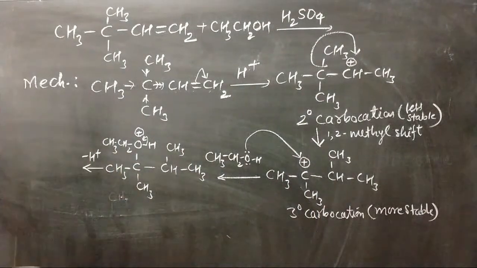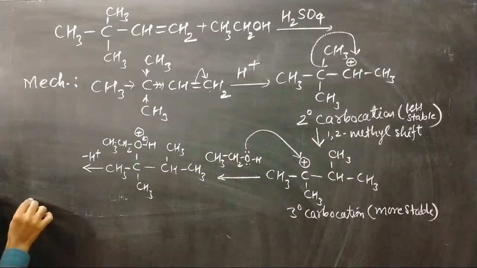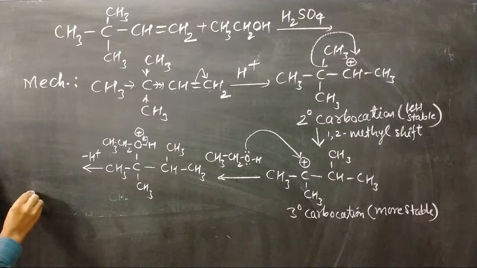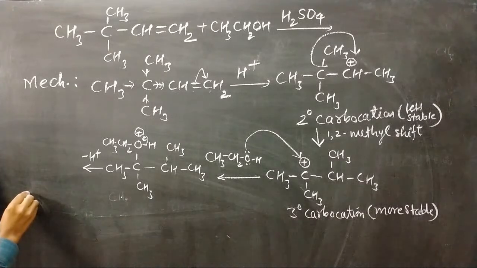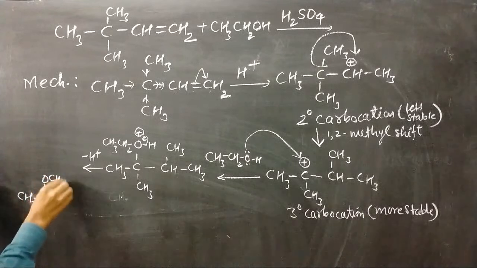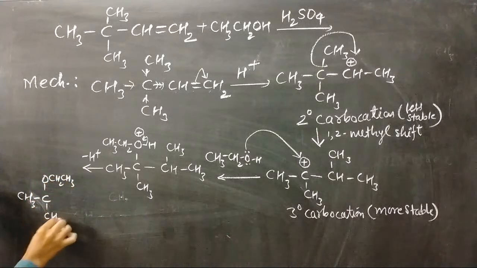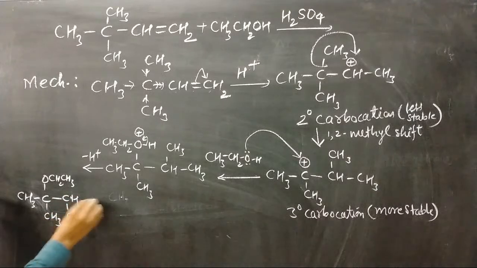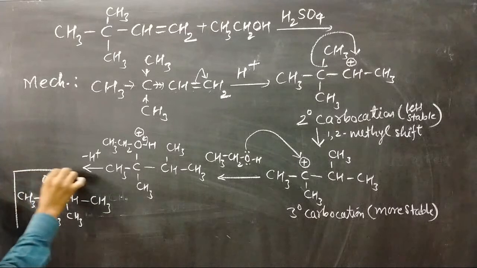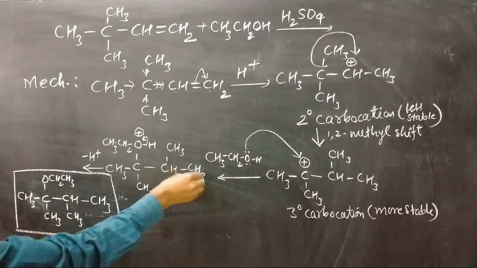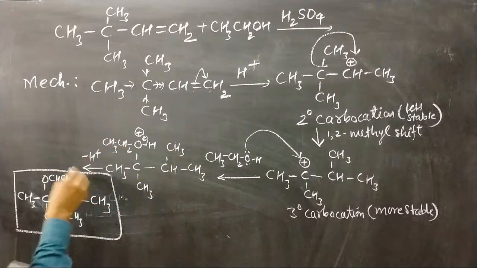Now it is removed, and we get (CH3)2C(OCH2CH3)-CH(CH3)2. So this is the product formed.